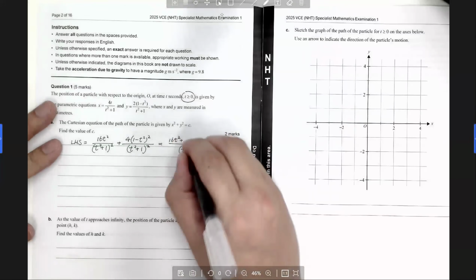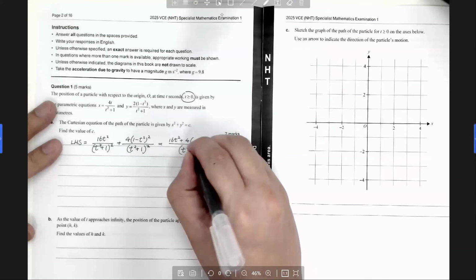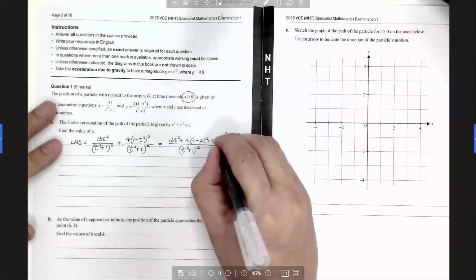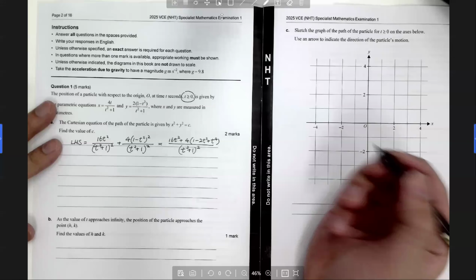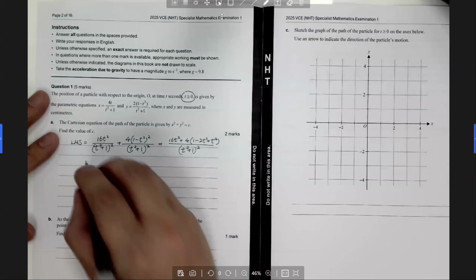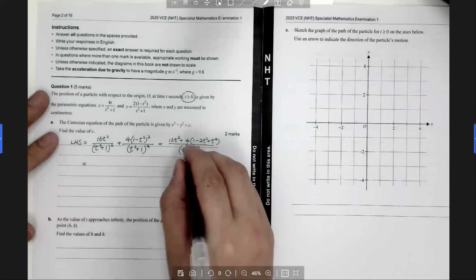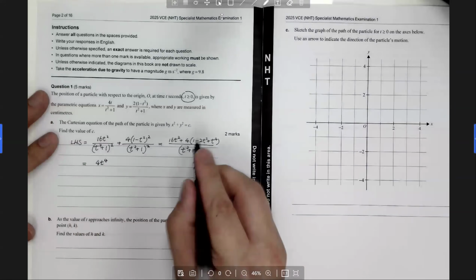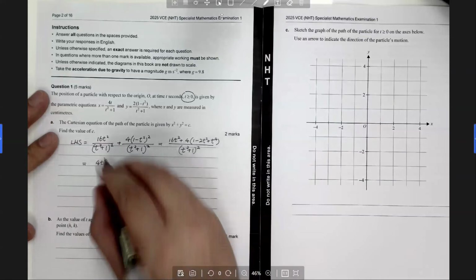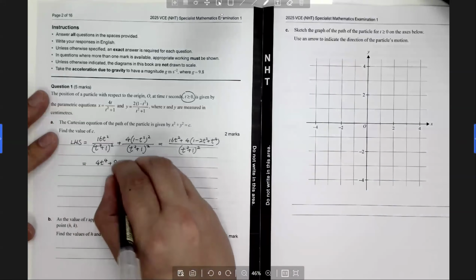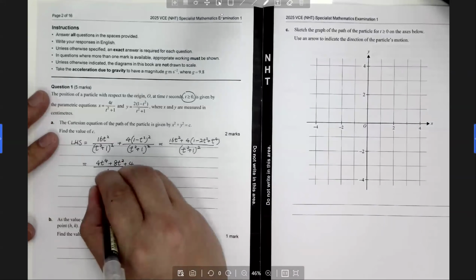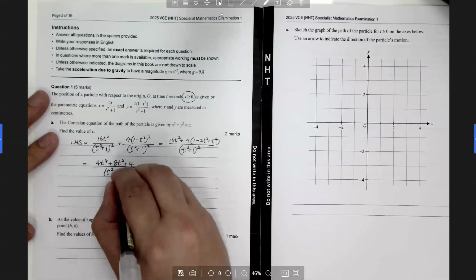The second term will have 4 lots of 1 take away 2t squared plus t to the power of 4 when I expand the perfect square. And then if I multiply out everything, I should be able to get 4t to the power 4 minus 8t squared plus 16t squared plus 4, everything divided by t squared plus 1 whole thing squared.